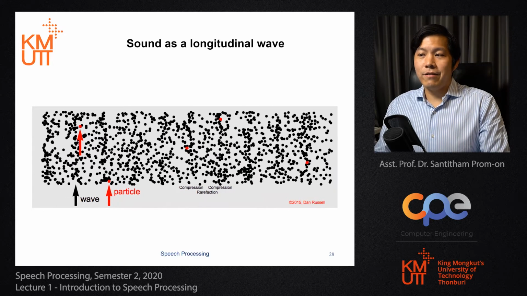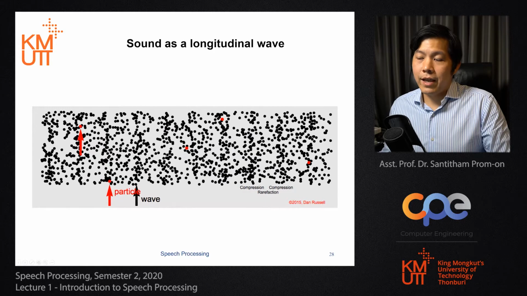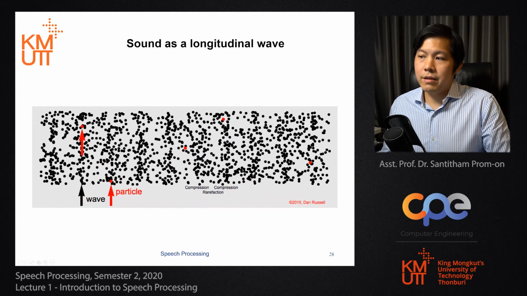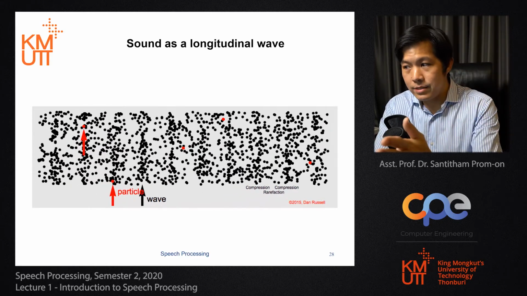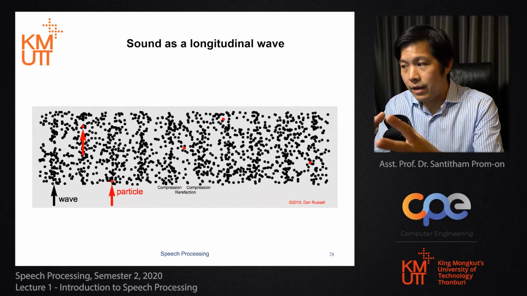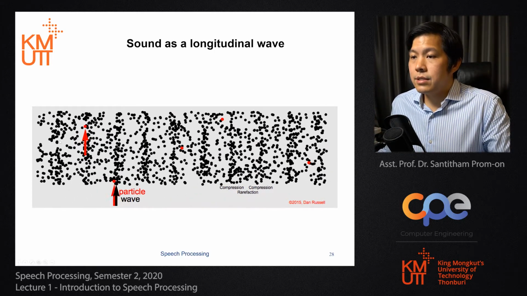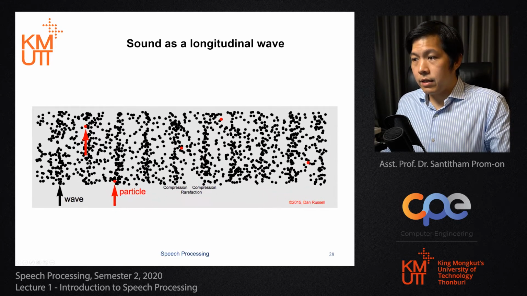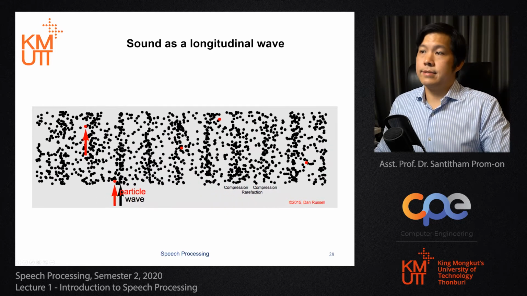The traffic moves in this direction and slows down, and when it becomes dense, it creates a pressure, and then it releases out. So this is the longitudinal wave, right? The particles stay about the same, but the wave travels through space.